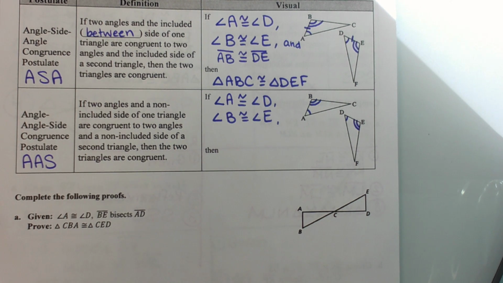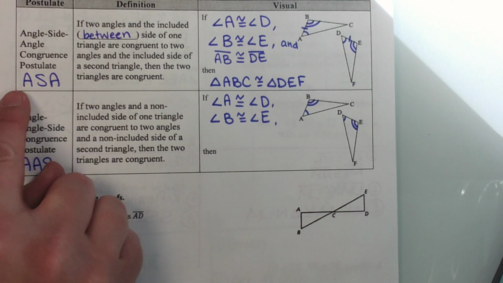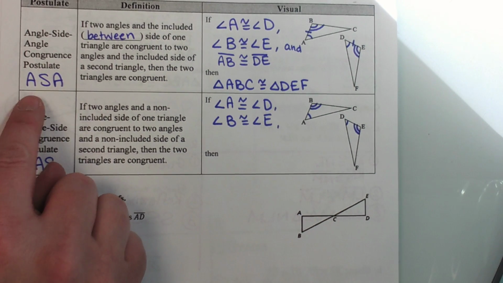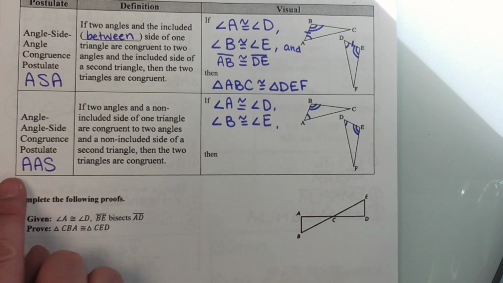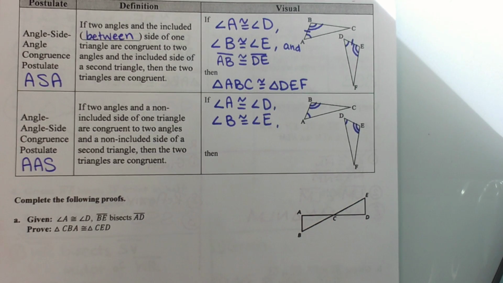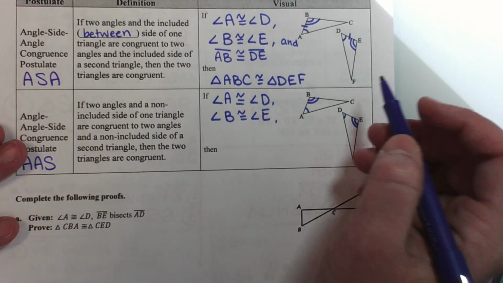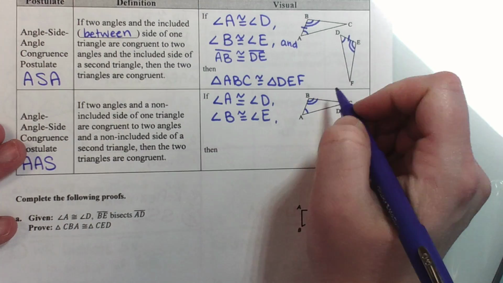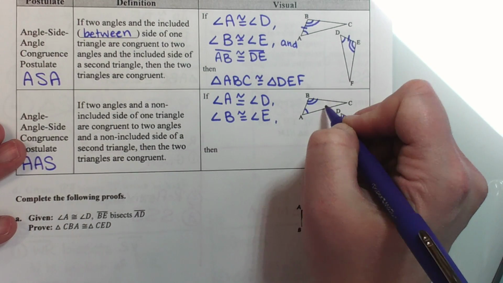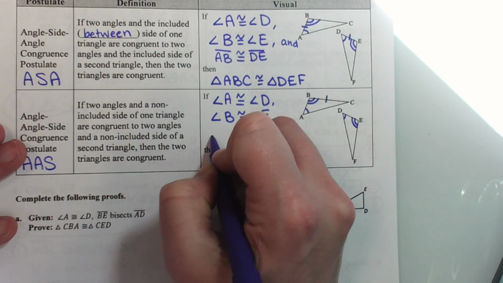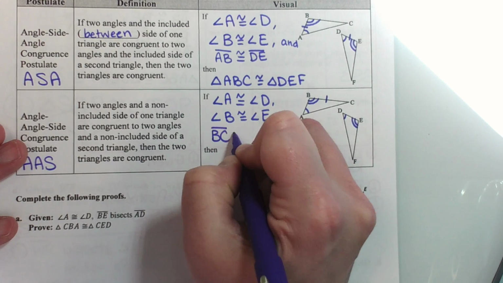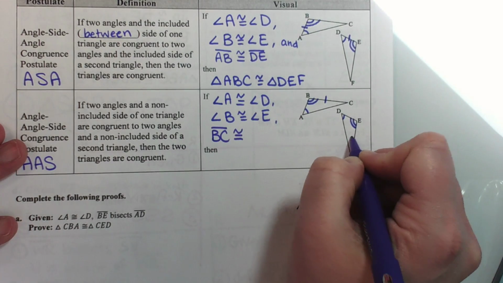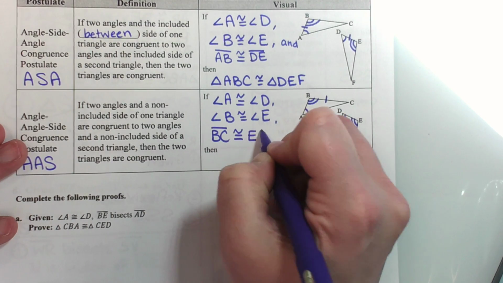For angle side angle, they put the S between the 2 A's for a reason. The side is between the angles. For angle angle side, the side is not between the 2 angles. So in these triangles, it could be either of these sides. I'm going to choose BC to be congruent to EF.